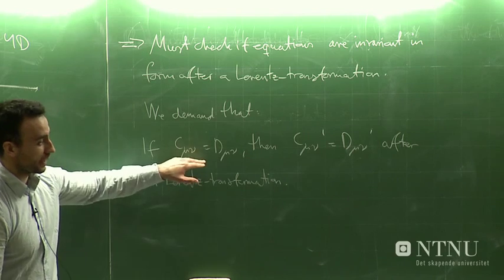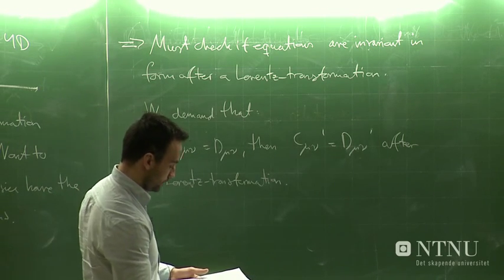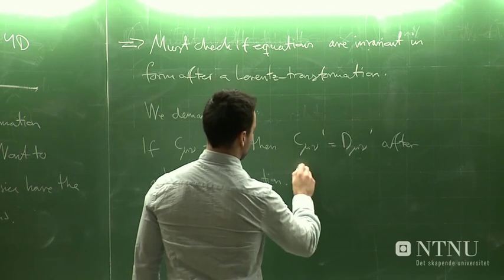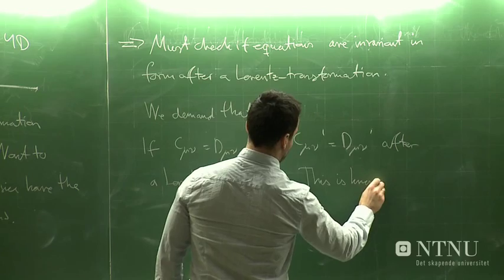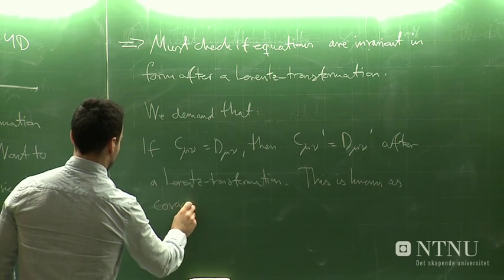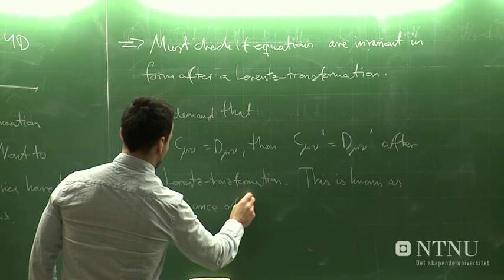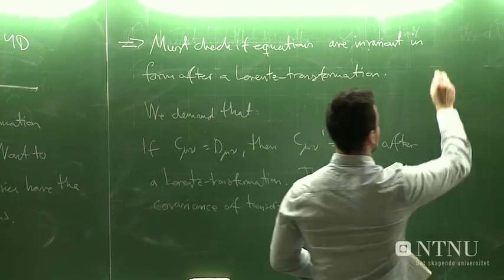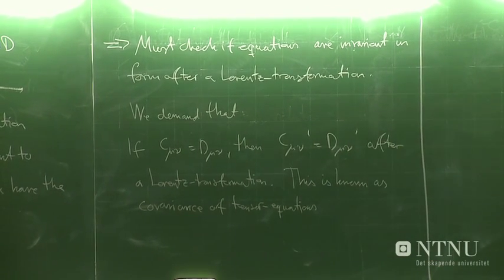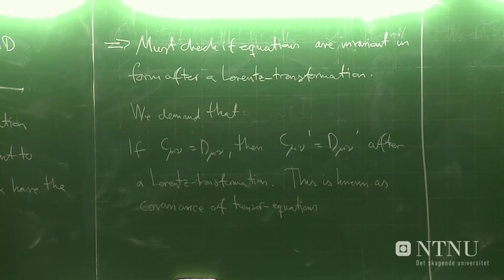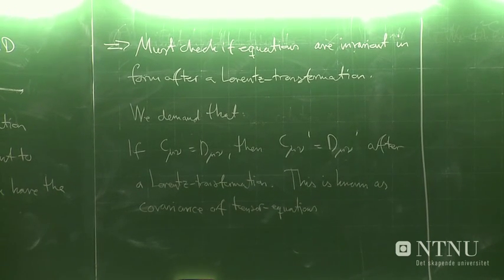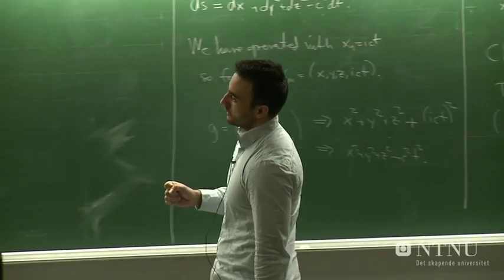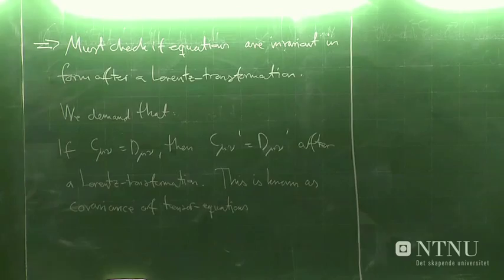So by Lorentz transforming both sides, the equality sign should still hold. And this is known as covariance of the equations. And we'll actually have a quite detailed look at the theory of electromagnetism to see if this holds. Before doing so, we should introduce a couple of preliminaries.